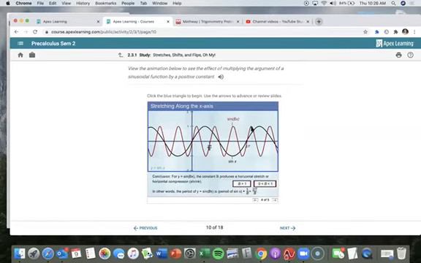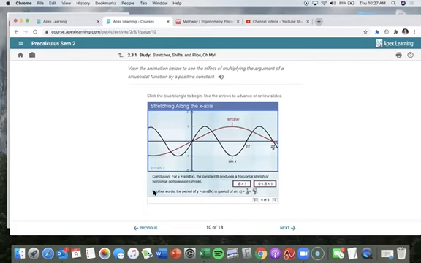What it does is shrink the period. If I have a number between 1 and 0, it's going to stretch the graph. It's going to take it and pull our graph out, elongating it, and when it elongates the graph, it also increases the period of the graph.